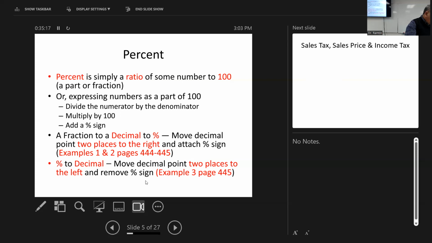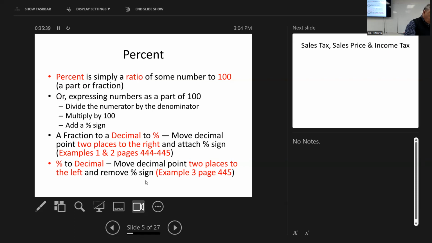So 5/8 is the same as 62.5% of whatever, it's not mentioned. Now, if we look at page 445, example number 2, it says express 0.47 as a percent.